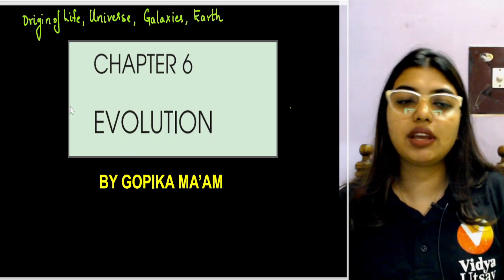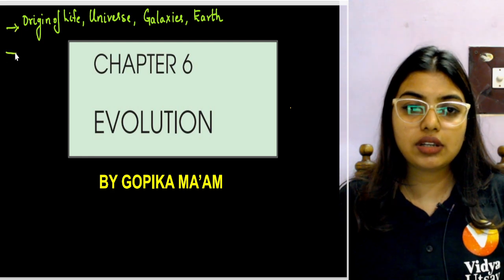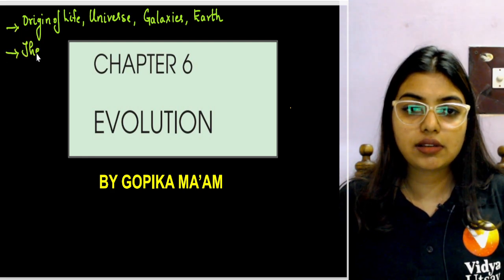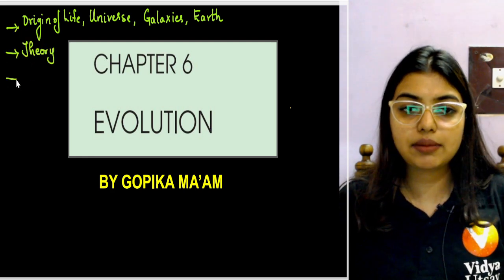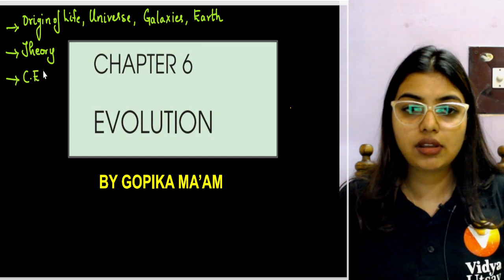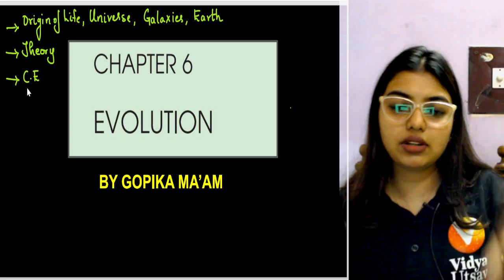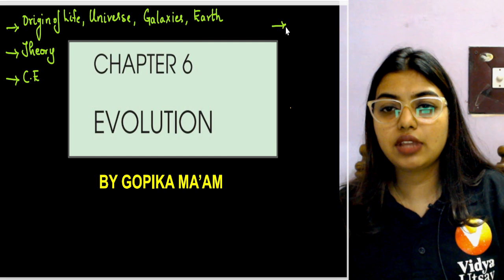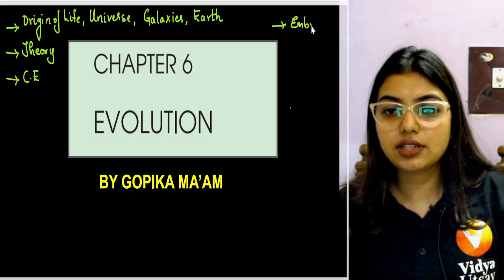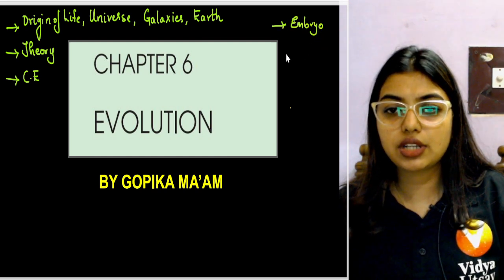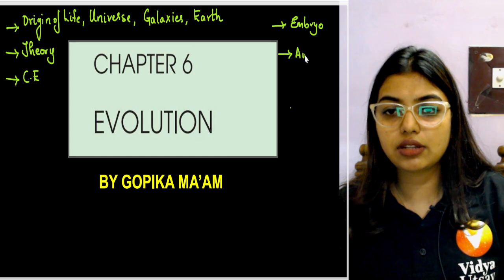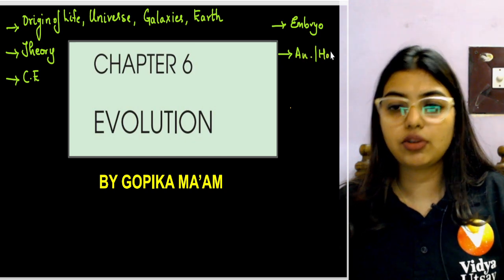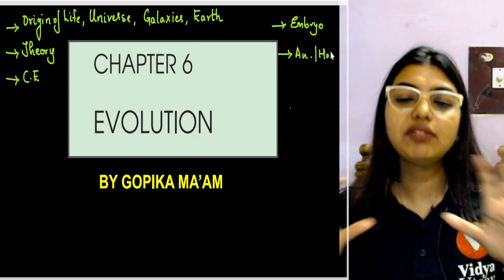Then we understood the different types of theories, and the most accepted one is chemical evolution. We also understood some of the evidences, embryological evidences. We understood analogous and homologous. These are so many things that we have learned so far.